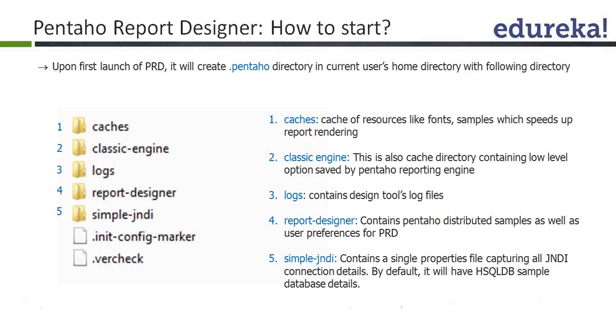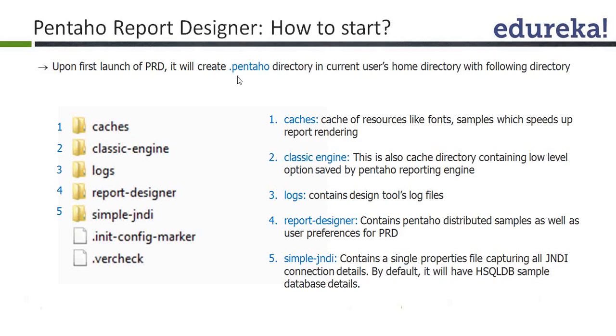How to start? So we have seen how to start. You just double click report-designer.bat and it will start. Now once you start the first time, there is something you can correlate.